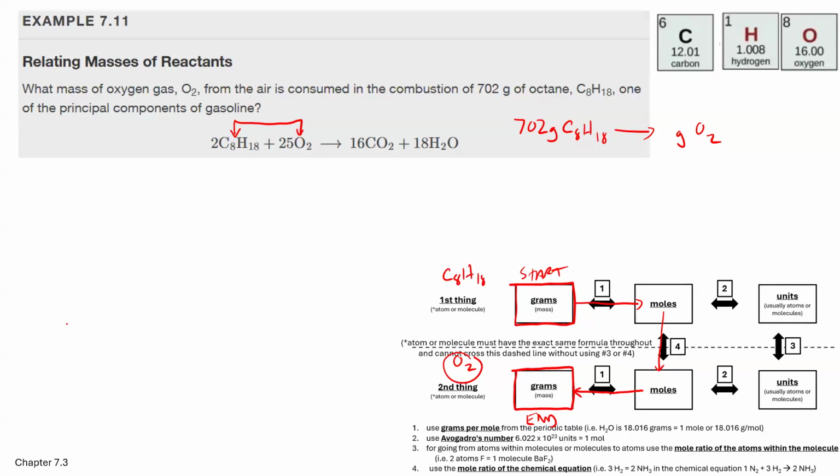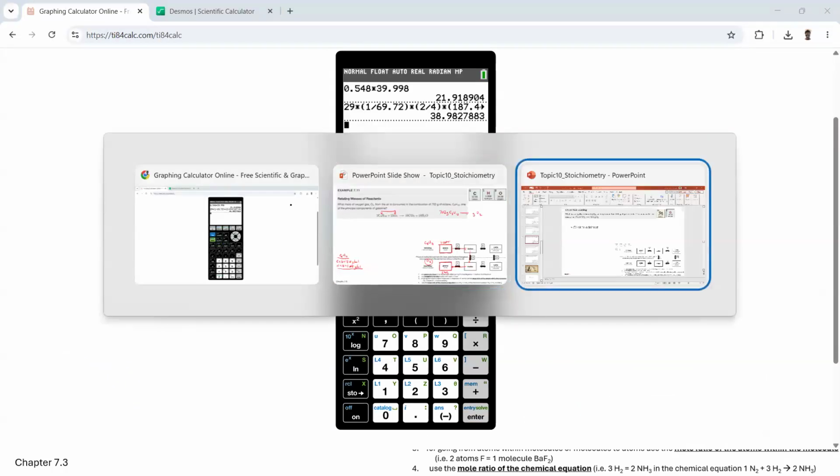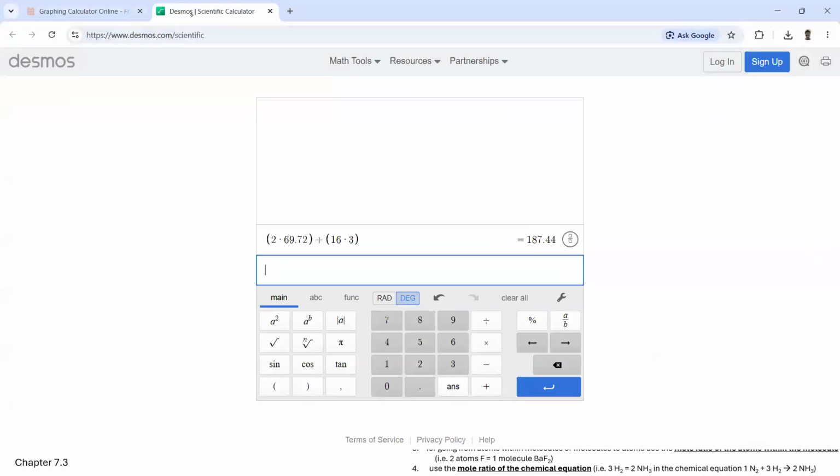Let's get the molar masses down here. C8H18, we have carbon times 8 times 12.01 grams per mole. We have hydrogen times 18, and that's 1.008 grams per mole. Let's do the math. Let's do a different calculator just so we can keep moving back and forth to try different ones.